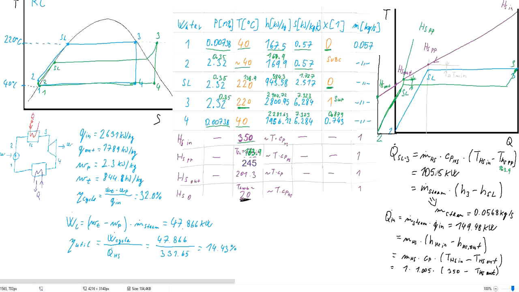So the heat transfer from the point 3 to pinch point to saturated liquid is 187.1 kilowatts. Again, this transferred heat needs to be mass flow rate of steam times the enthalpy difference between point 3 and SL.